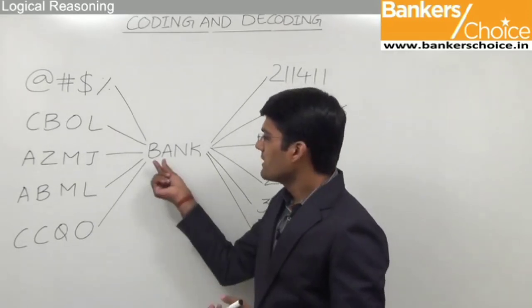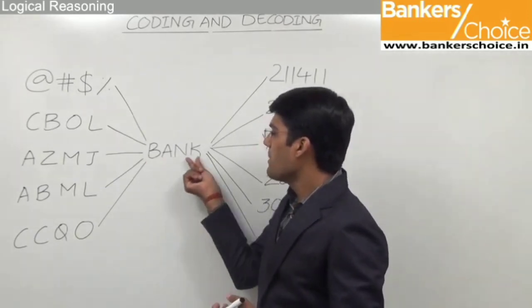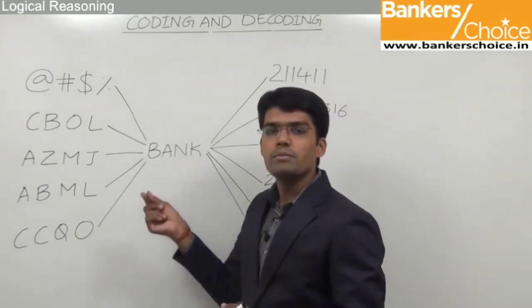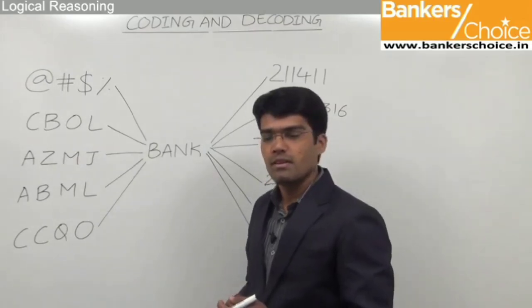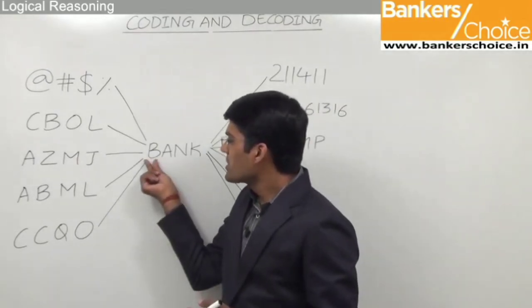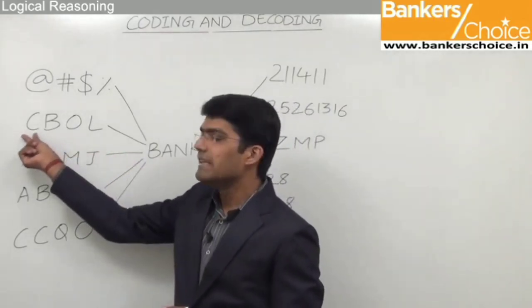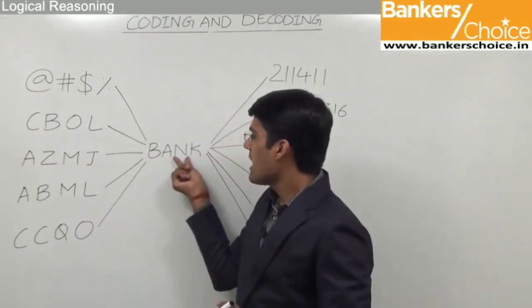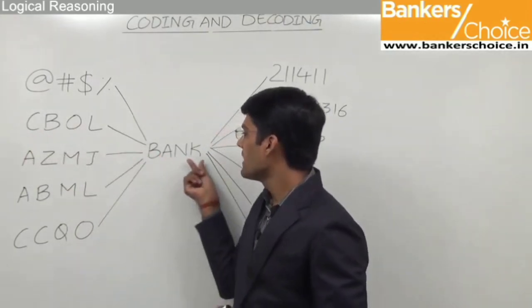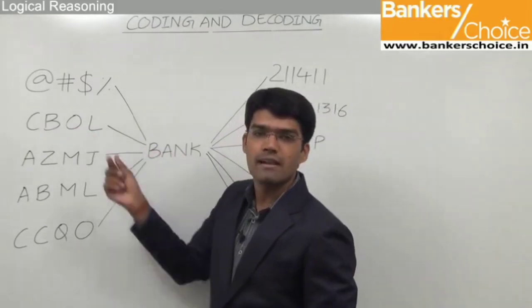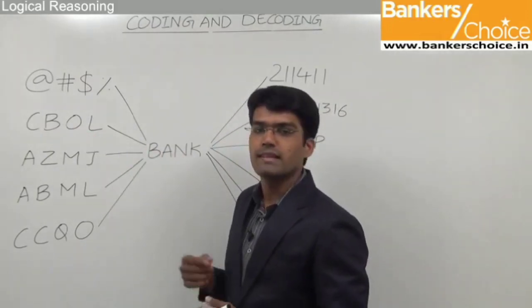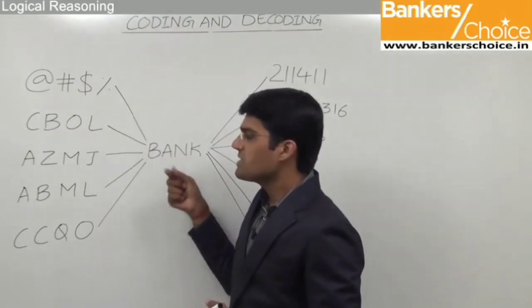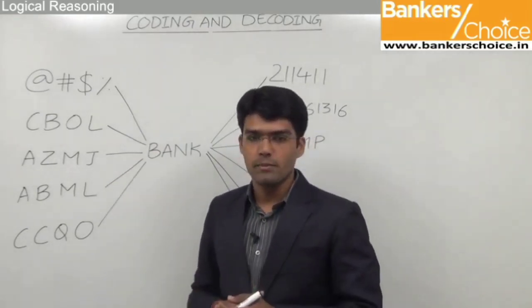If you observe here, each letter in the word bank has been shifted by one position in the forward direction. For example, the letter which comes after B is C. The letter which comes after A is B. After N, O. After K, we have L in the alphabetical order. So that is how each letter has been shifted by one position as per the alphabetical order.